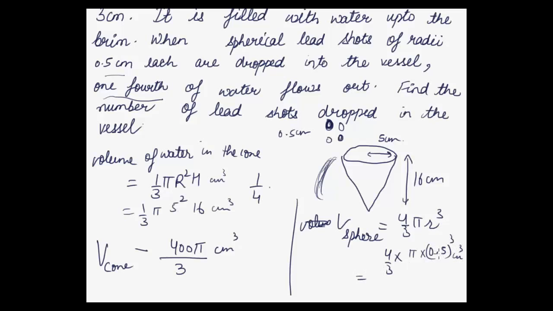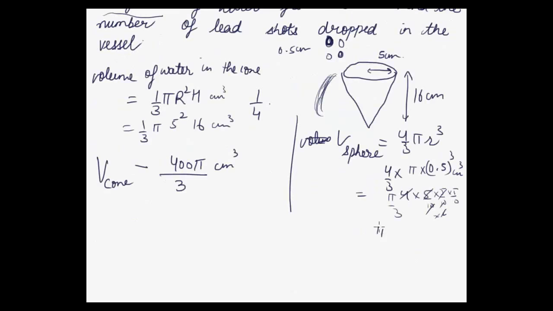That is, this value will be 4 into 5/10 into 5/10 into 5/10 pi/3. That is, it will give us 2, so it will cancel, and the value will come out to be pi/6 centimeter cube.